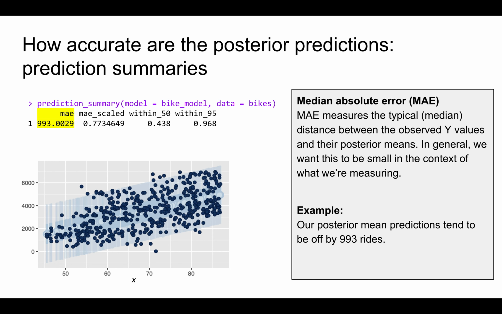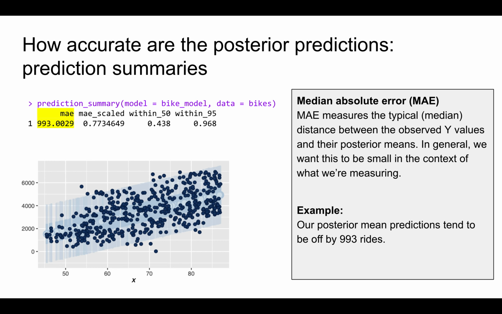Ideally, the observed y values will be close to their predictive means. Thus, we want MAE to be small in the context of what we're measuring. In our example, the MAE is 993.0029. That is, our posterior mean predictions tend to be off by 993 rides.